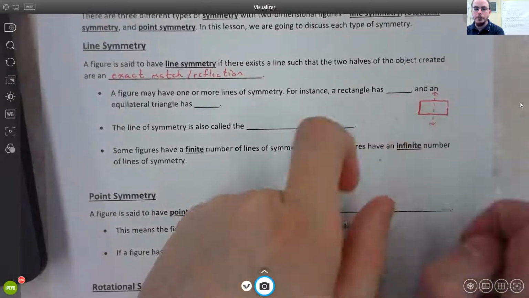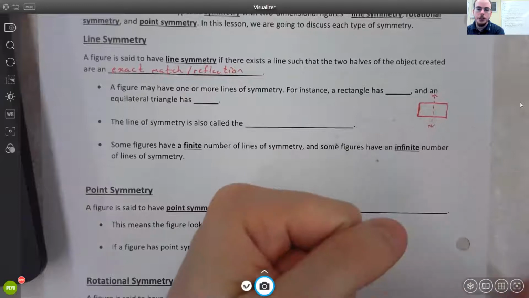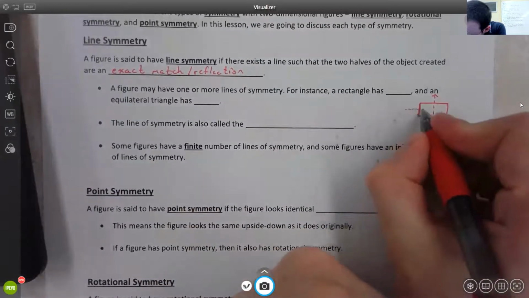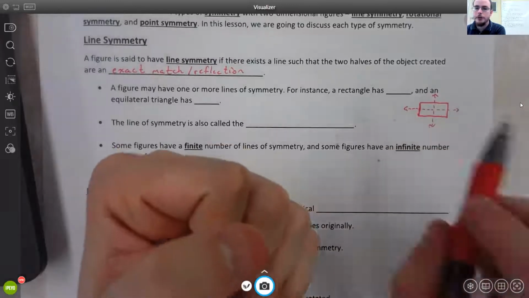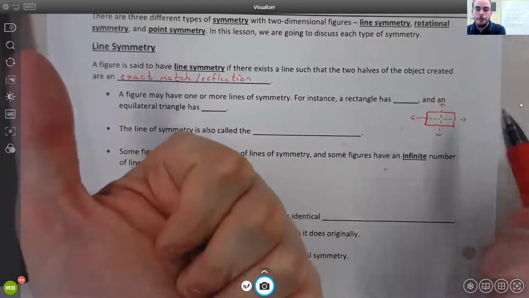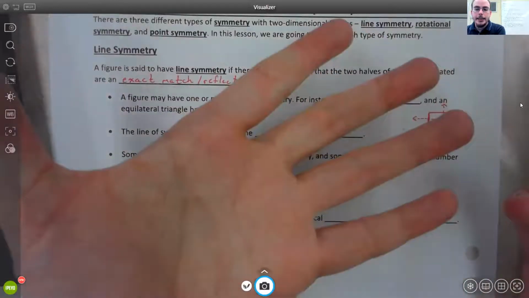Obviously, if you fold the paper, the corners would meet exactly, and there's an equal number to the left and the right. Well, what if you did it the opposite way? So instead of folding it from left to right, you fold it up and down. Would that be a line of symmetry? And the answer is yes again. So we know it has at least 2.